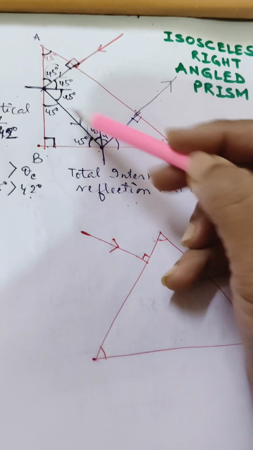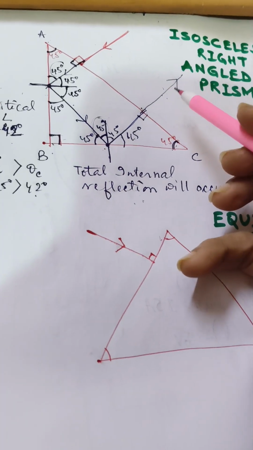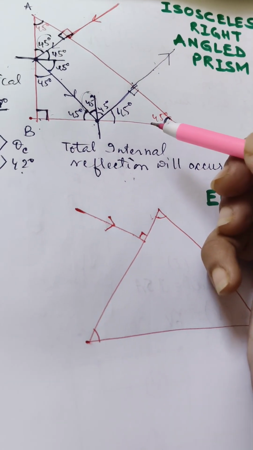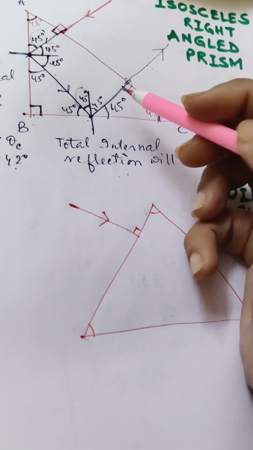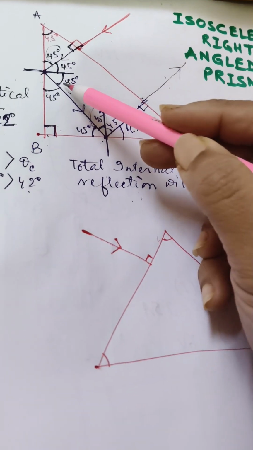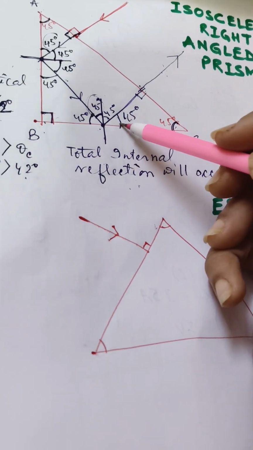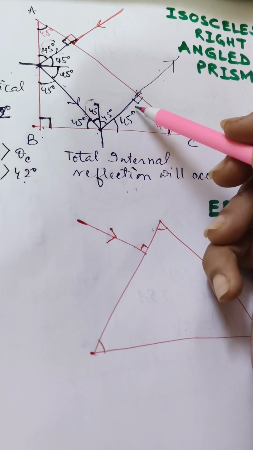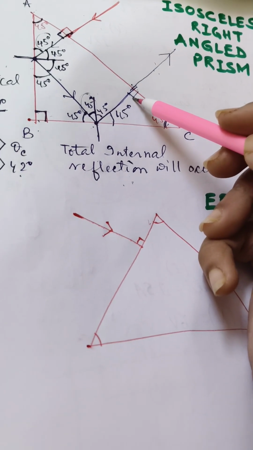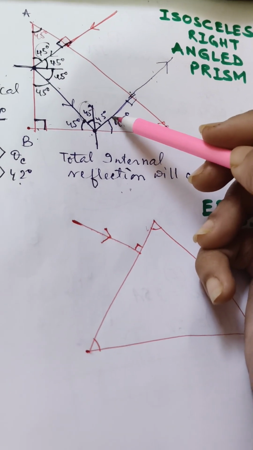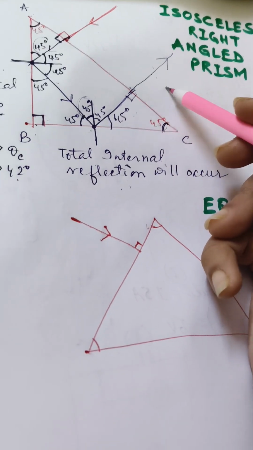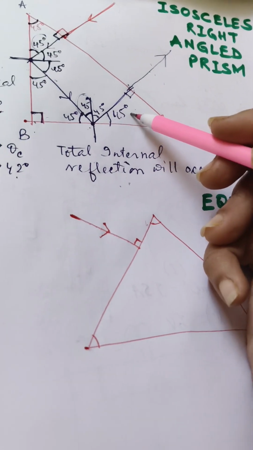Okay, so this is how you trace the path. When it says trace the path through the prism, you have to remember to mark the angle of incidence and angle of reflection at each point. Only then will you be able to show that the final angle of emergence at this point is 90 degree, due to which the ray goes out from the glass to air without any deviation.